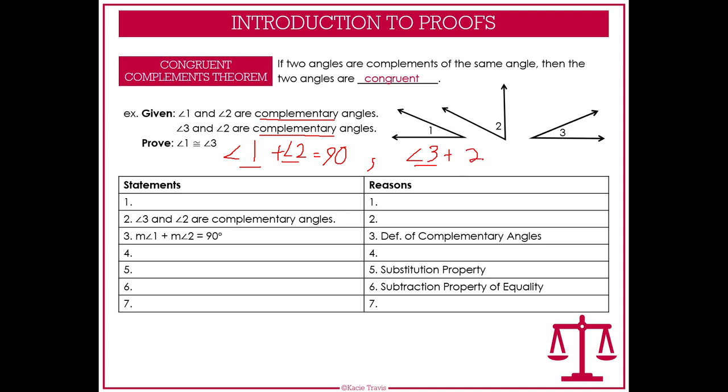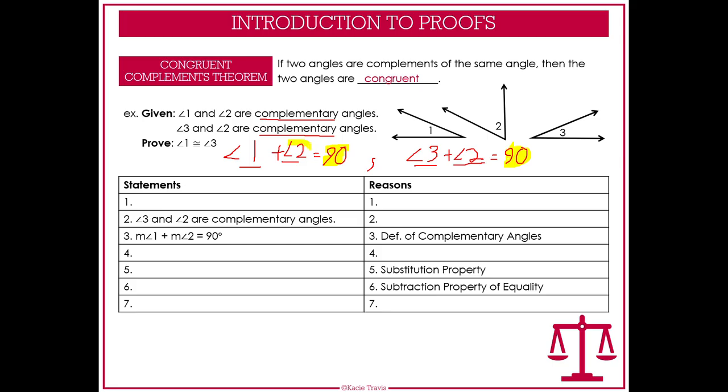Now, if we're dealing with two different equations that both equal the same thing, it's important to notice what things are going to also be the same. Let's highlight some things real quick before we jump in. Both of these are equal to that same sum, 90.